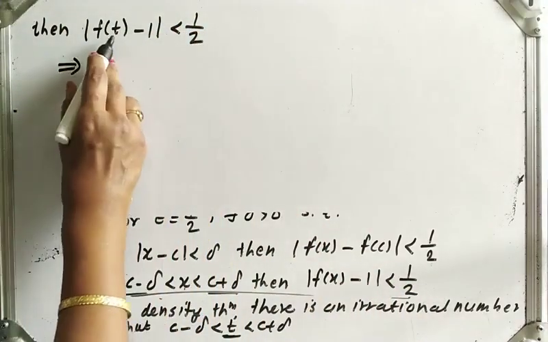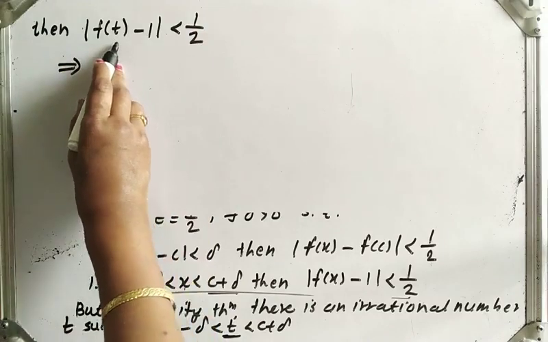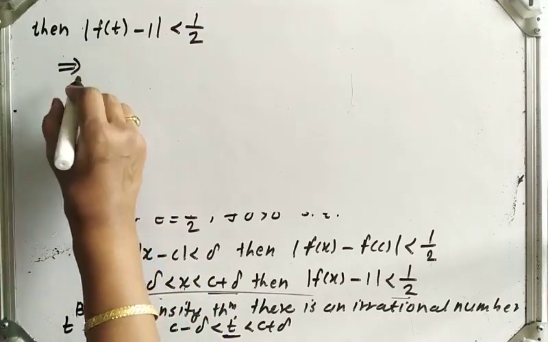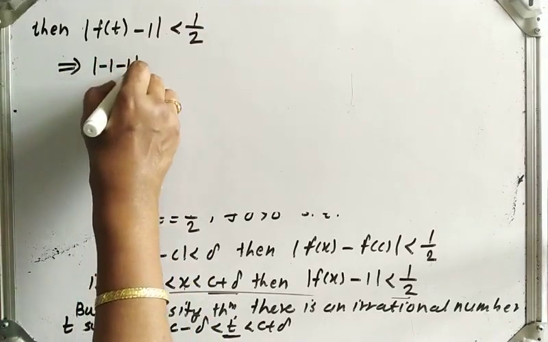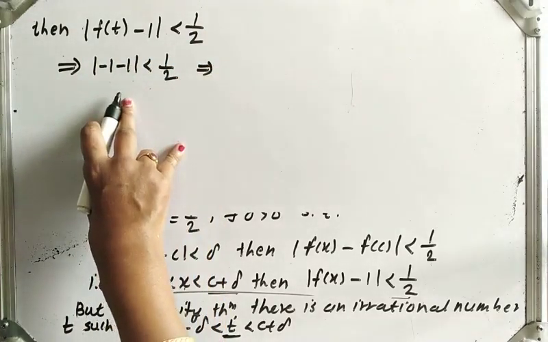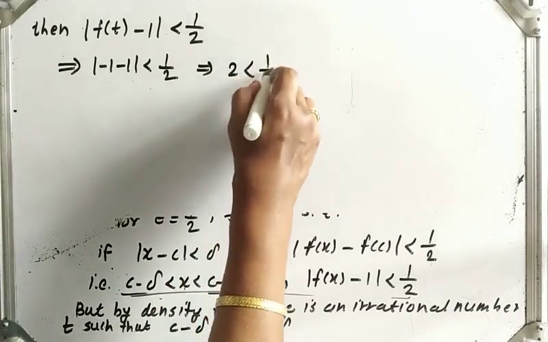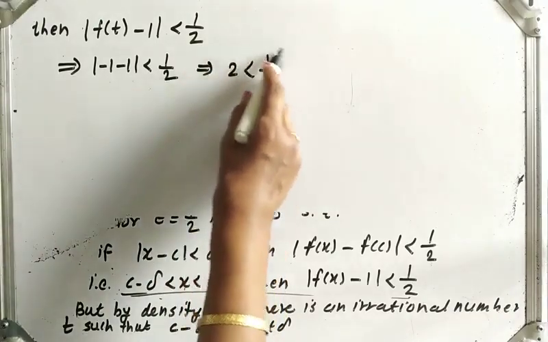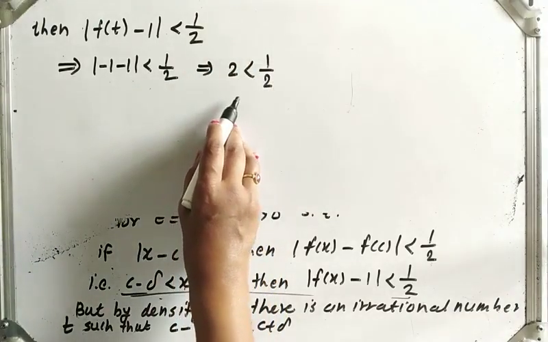This implies, what is f of t? Now t is irrational, so f of t will be minus 1. So mod of minus 2, mod of minus 2 is 2, less than 1/2. But is it true? Is 2 less than 1/2? It is wrong.